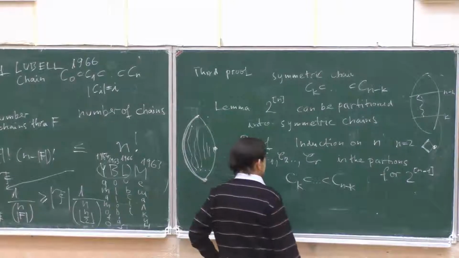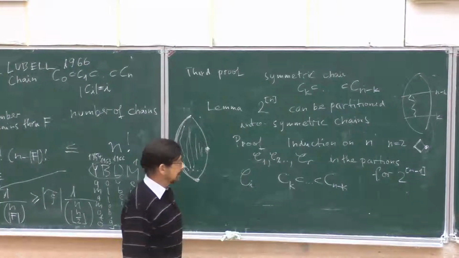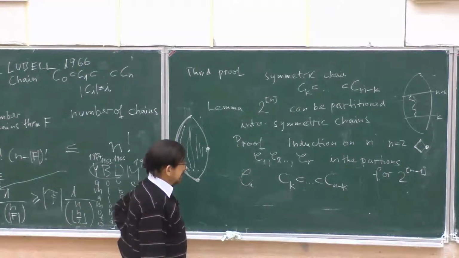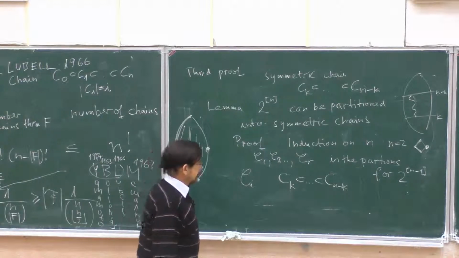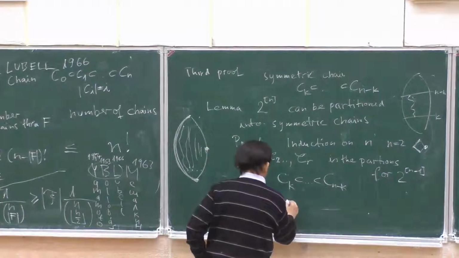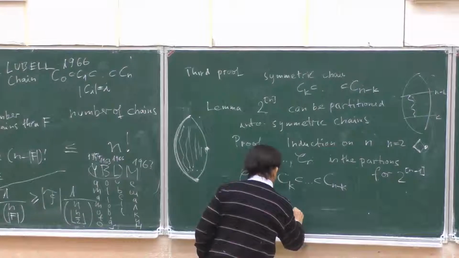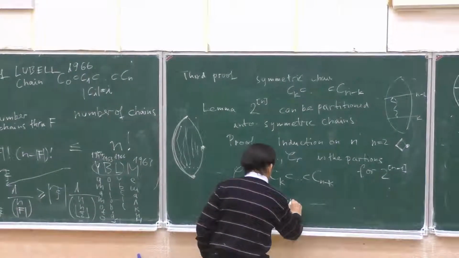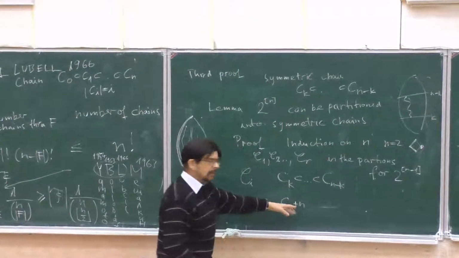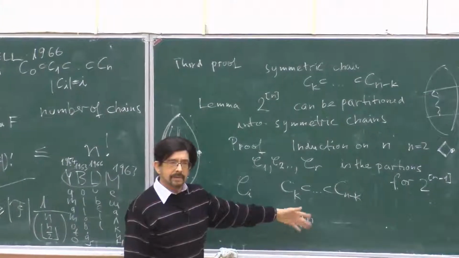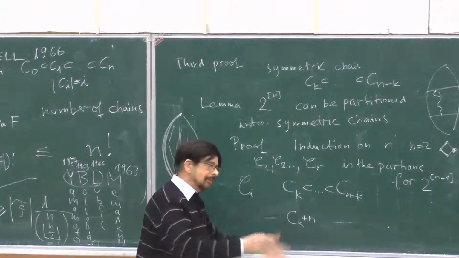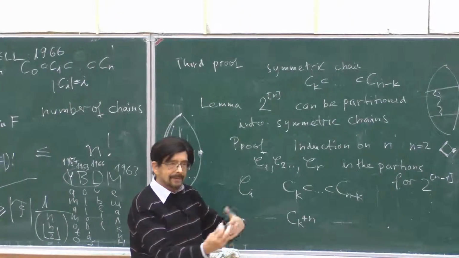So one idea is that, I hope you don't mind this notation, this is sloppy notation, it's the union of a one-element set.